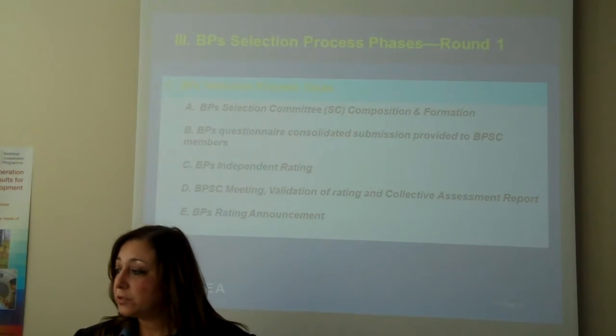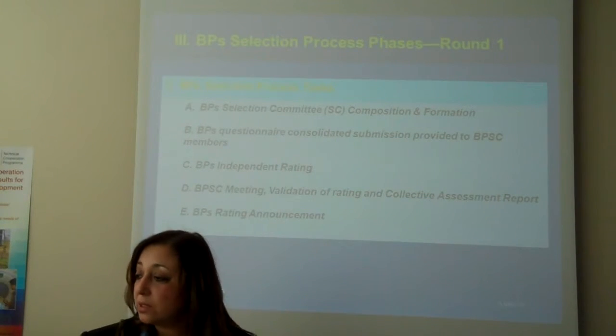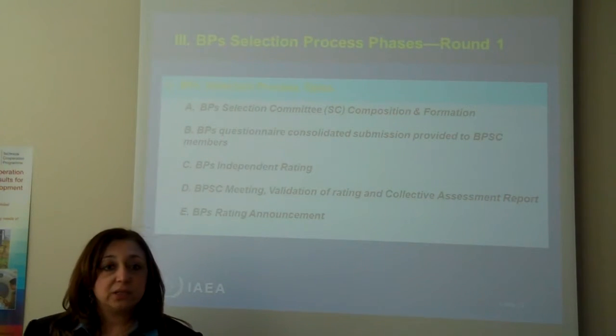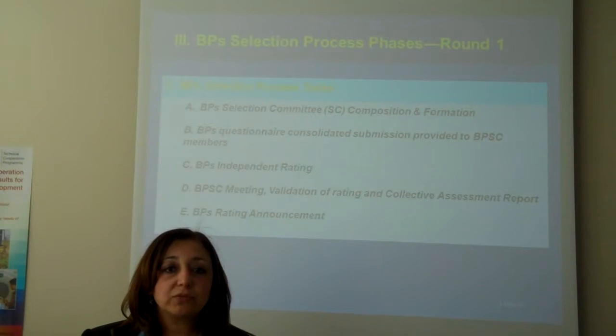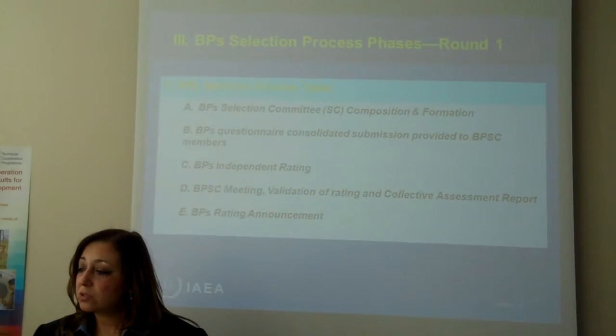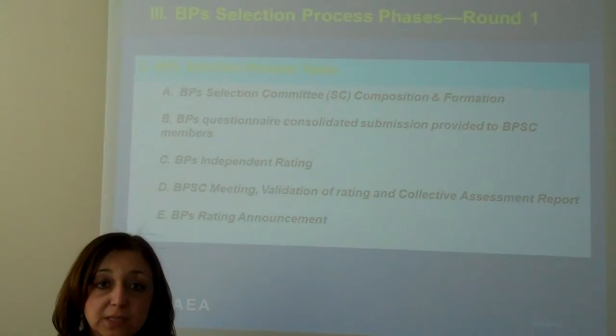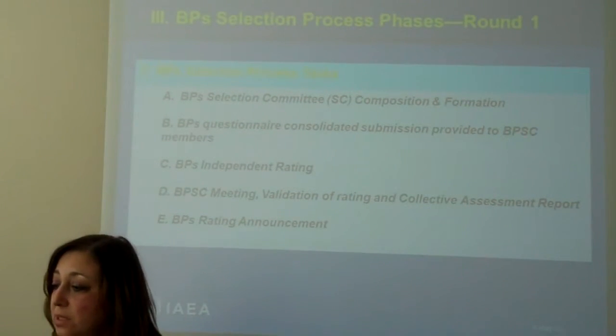So now we're moving to the tasks that are involved in the selection process. We have grouped them into 5 main groupings. The first is the formation and the composition of the selection committee. The second would be the consolidation of the submissions and distribution to selection committee members.